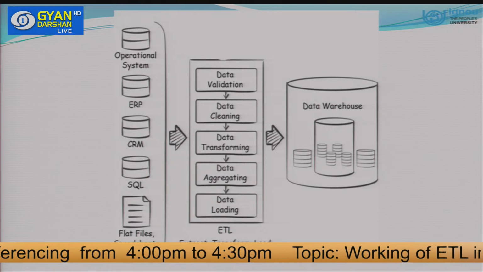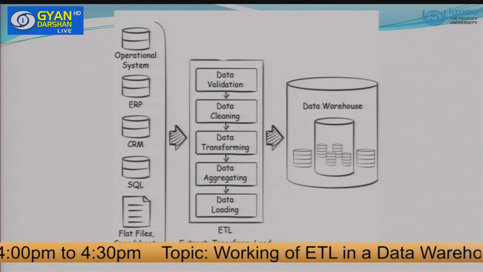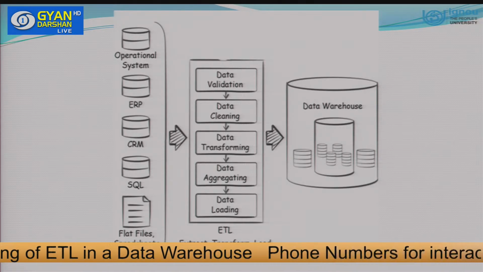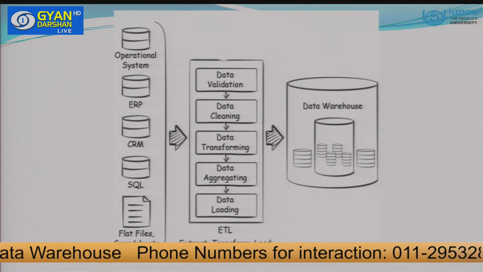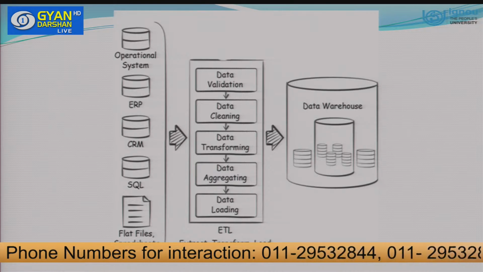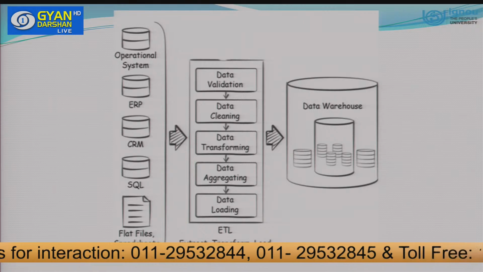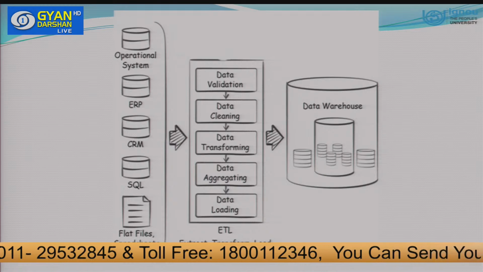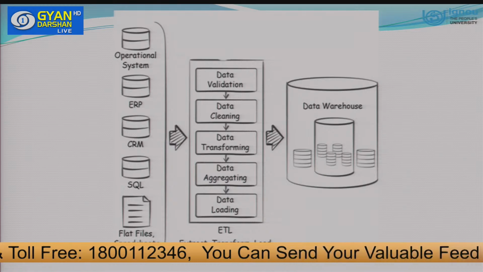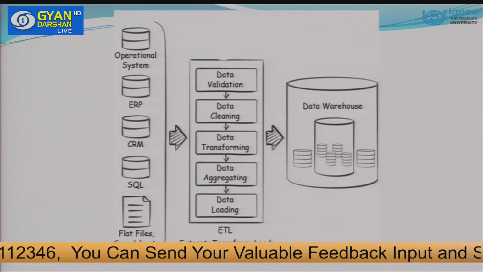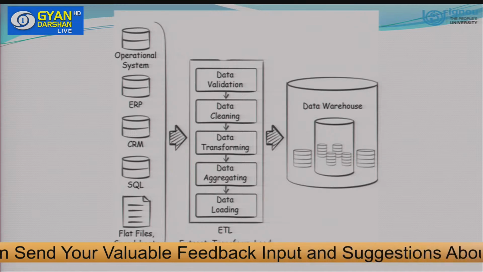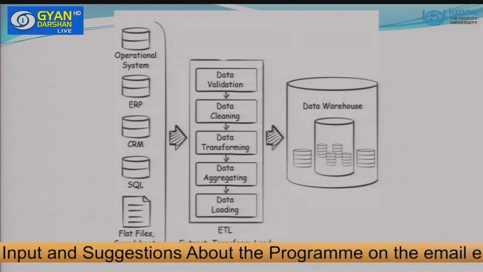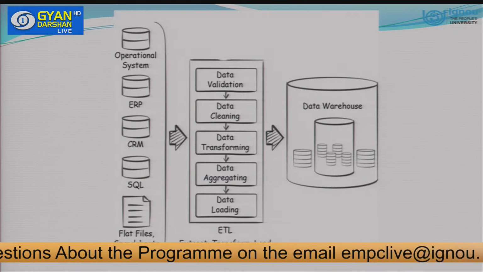So the ETL component, or ETL process, is standing in between the original data sources and the data warehouse on the right hand side. Within the ETL component, there are several things happening, like data validation, data cleaning, data transforming, data aggregating, and data loading. So there are various things happening inside that particular ETL logic.